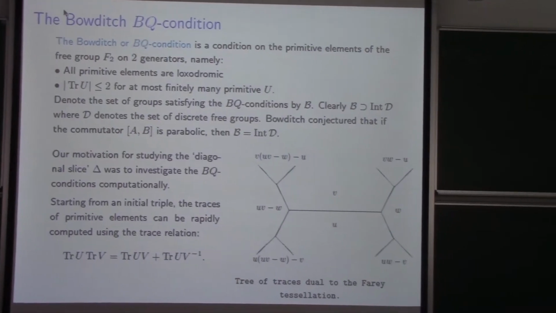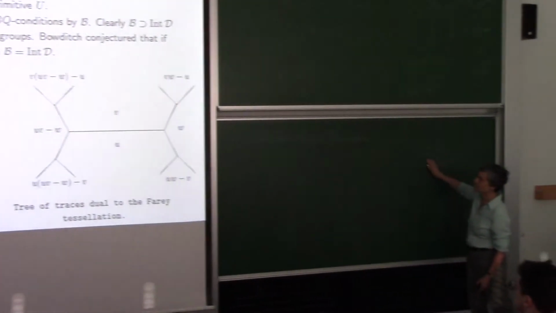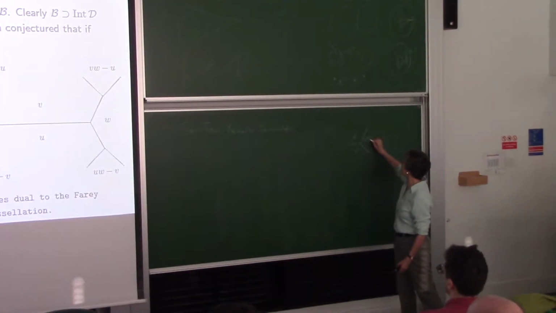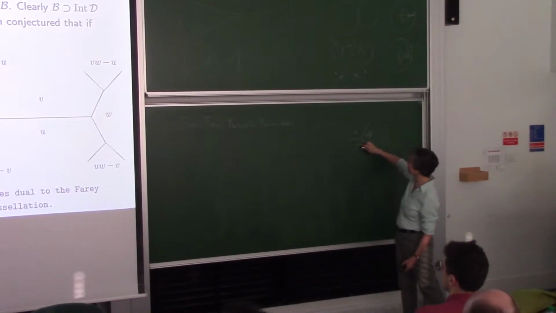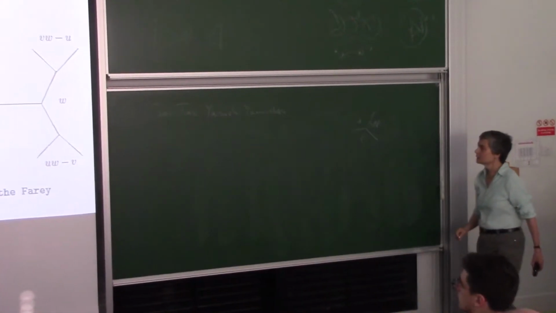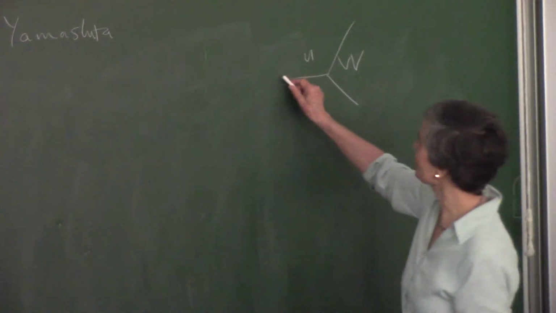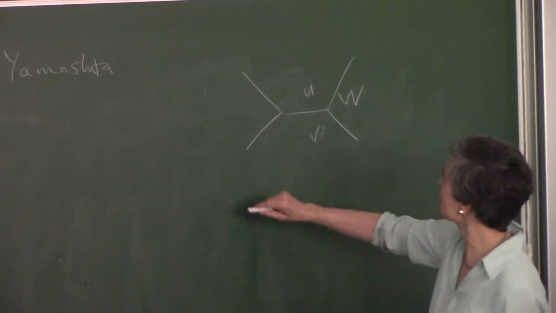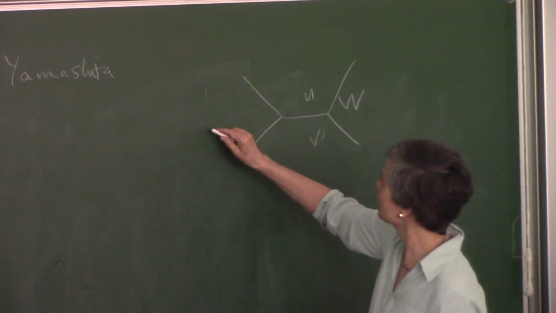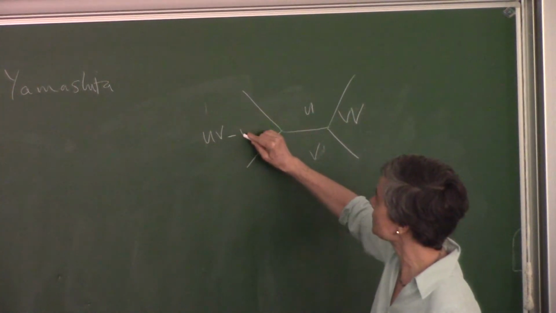If you plonk down these traces of a pair of generators and their product, like that, this trace relation enables you to fill in the other places. So for example, this one would be uv minus w.